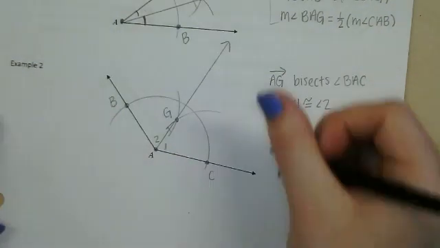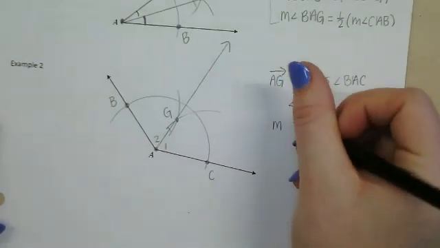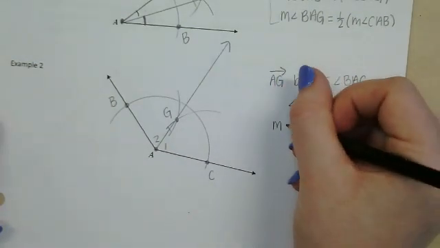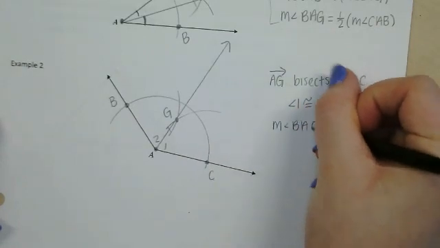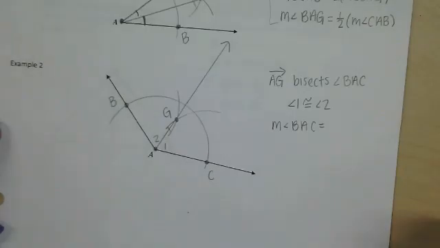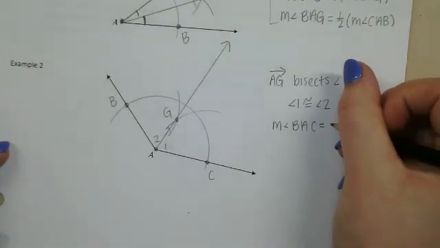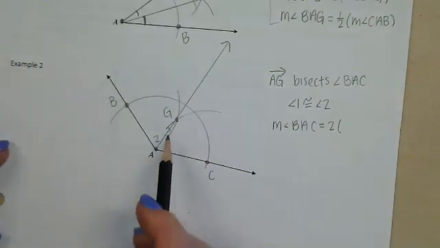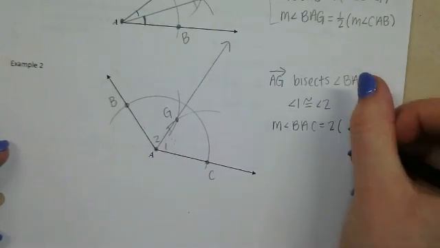So the entire angle BAC would be equivalent to 2 times one of the smaller angles. So 2 times either one of these, 2 times angle 1 or angle 2.